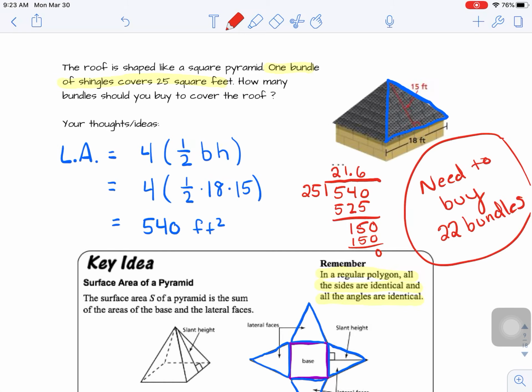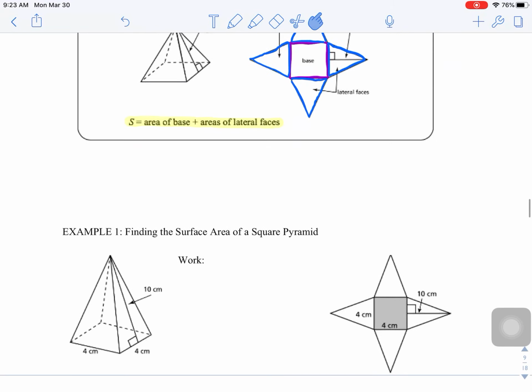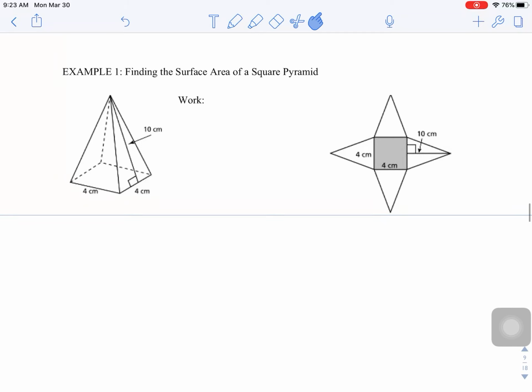All right, we are going to do the same thing in the next example. In this problem, the pyramid you see on the left and the net on the right are the same, so you can look at it either way. We said the 2 pieces we need to find are the base, which is the square component, and the lateral area.